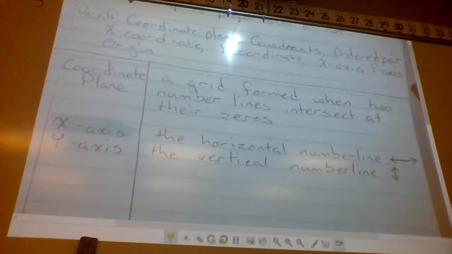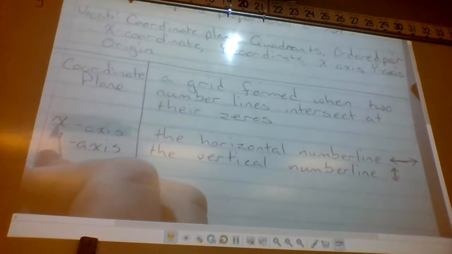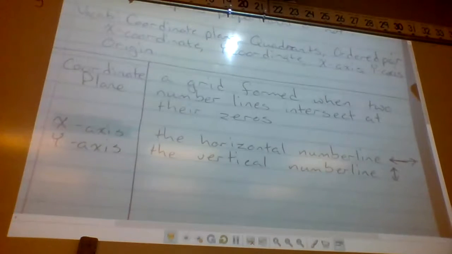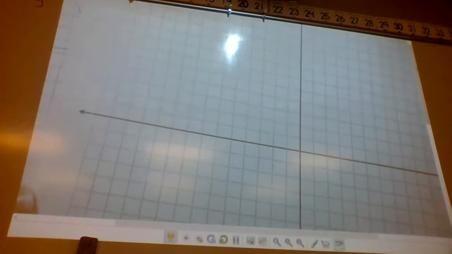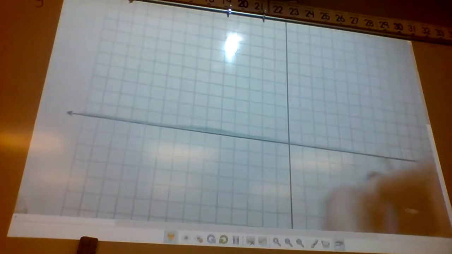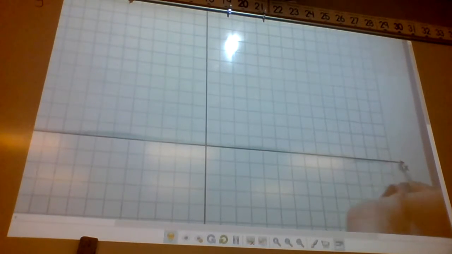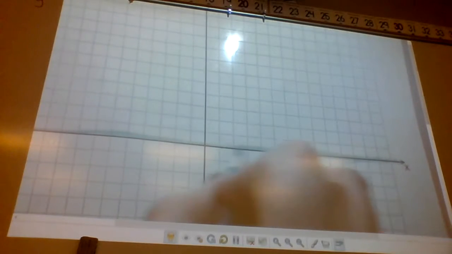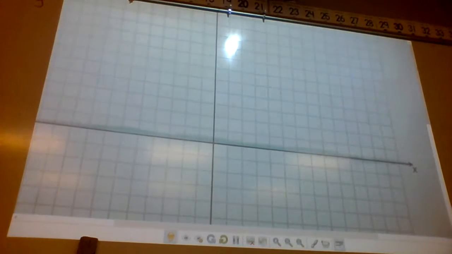Alright, 3, 2, 1. All I did was shade over the x-axis, because then you're going to pick up that coordinate plane and you're going to shade in that x-axis. There's your x-axis.